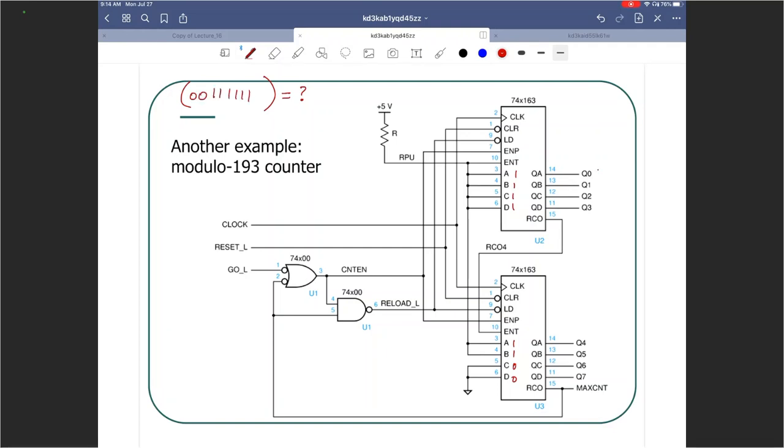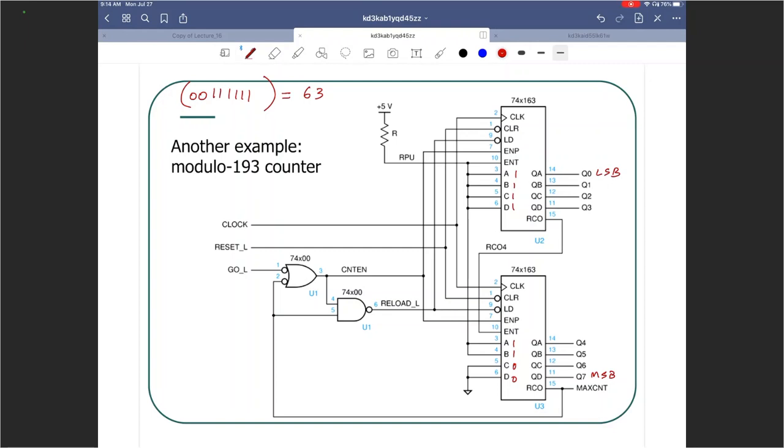That is the least significant bit, and this is the most significant bit. So 0, 0 followed by all those ones should come out to be, I believe, 63. So we are loading 63 when something happens.